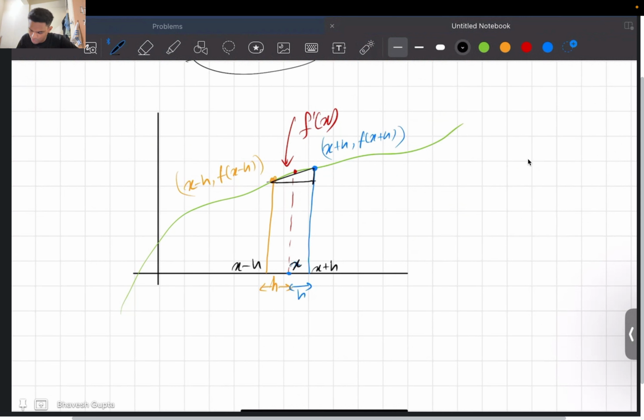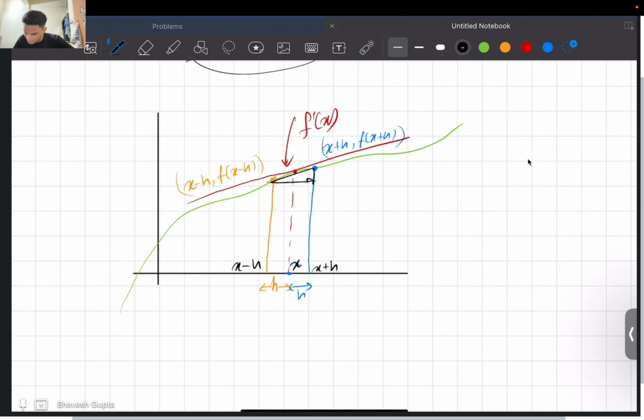And if you want to calculate the slope, the slope of this hypotenuse is approximately the same as the instantaneous slope at that x. This red line is basically the tangent at that particular point. So my claim is that they are more or less the same, and that's what the definition is.